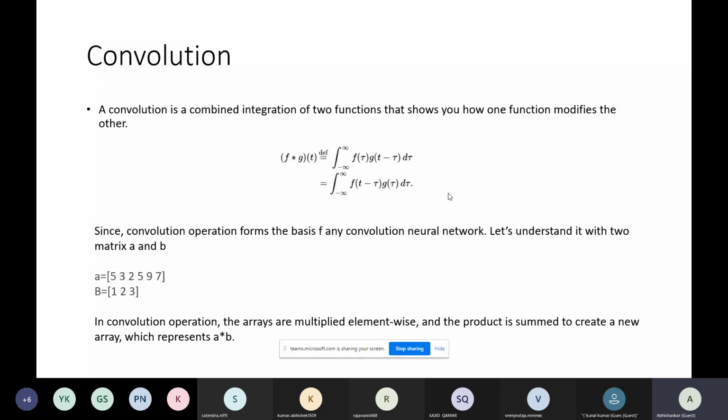Just see exactly how this convolution happens with this small toy example. In the convolution operation, the arrays are multiplied element-wise and the products are summed to create a new array, which is represented as A convolved with B. As I said, this is nothing but a sum operation running from minus infinity to infinity.